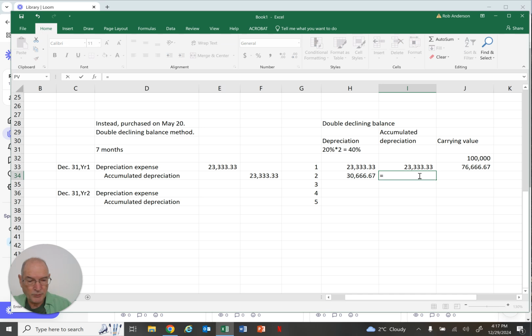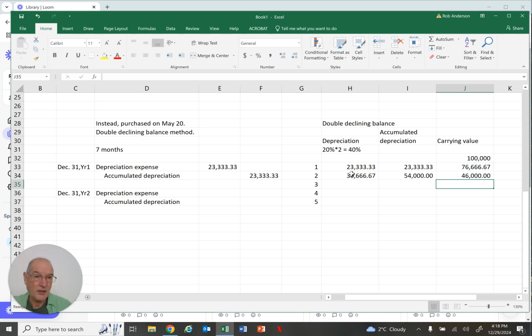Now our accumulated depreciation is current year plus the previous year, and our new carrying amount is the previous carrying amount deduct current year depreciation. So there's 46,000.